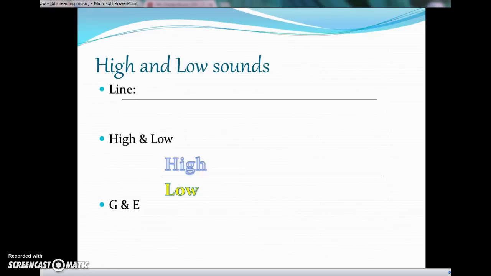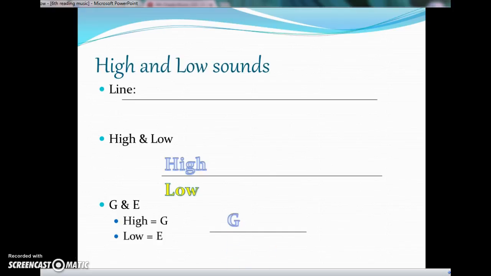Now, when we look at sounds in terms of reading music, instead of high and low, they will be G and E. And just like before, we have a high sound, which is G now, and we have a low sound, which is E. So that high sound that you see on that line that goes above the line and the low sound that you see below will now simply be called G and E.